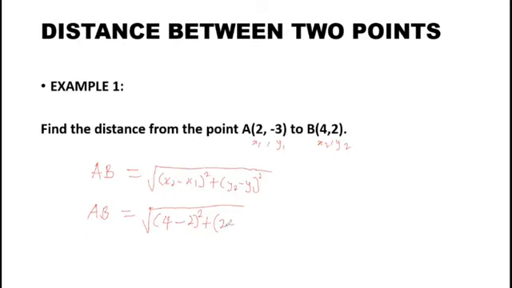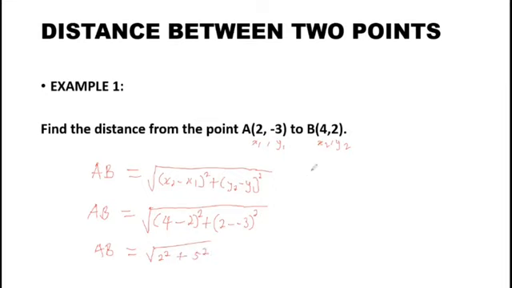So you have to be careful here. So (2 minus negative 3) all squared. So this simplifies to AB equal to the square root of 4 minus 2, which is 2, so 2 squared, plus 2 minus negative 3, which is positive 5, so 5 squared.